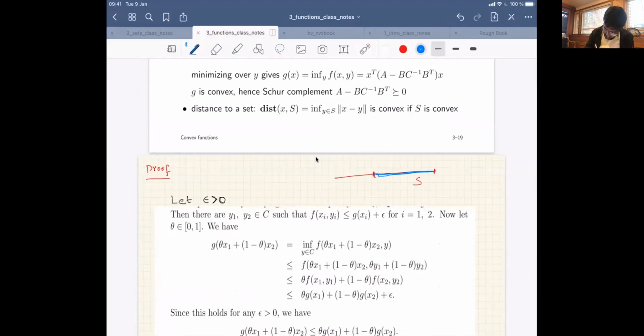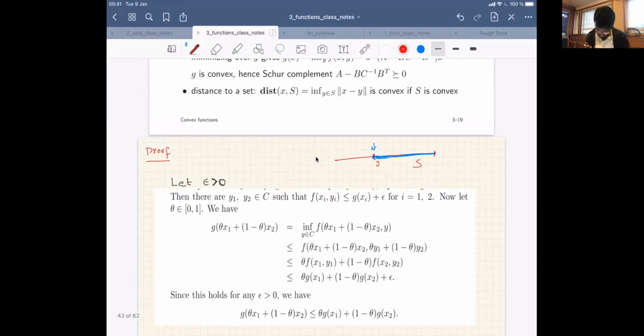Then the infimum will be this point, right? Now what I'm saying is I can pick a point y here such that, if I add a small positive quantity epsilon to the infimum, it will fall within the original set.